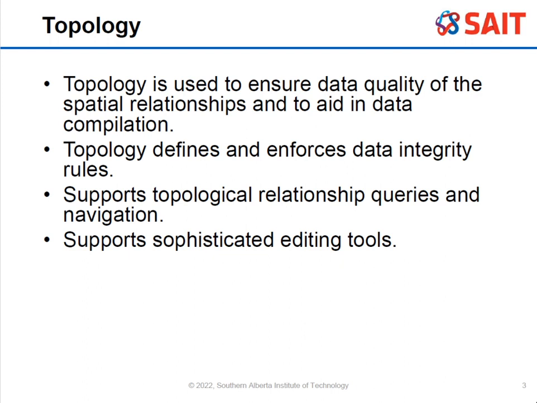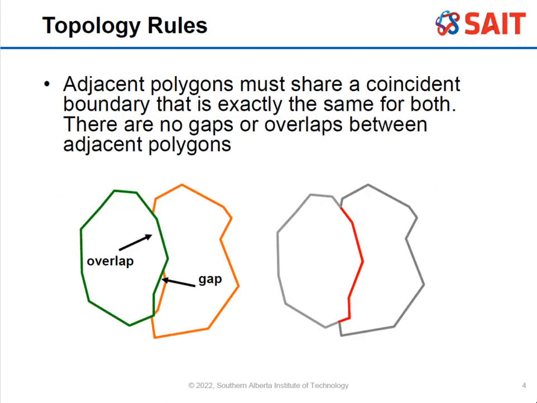It allows us to use some very nice, sophisticated editing tools, and it gives us a little more to follow and allows us to maintain that data integrity and data quality. So a couple of examples as we go through, looking at what topology really does and what some of the rules are.